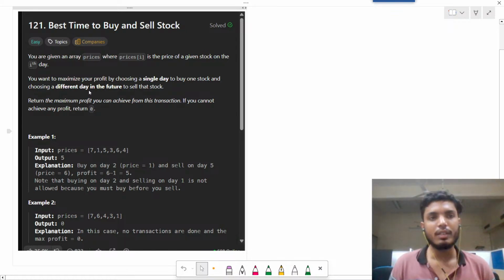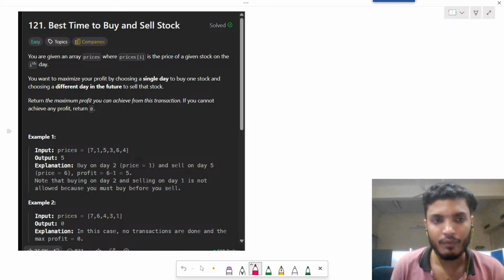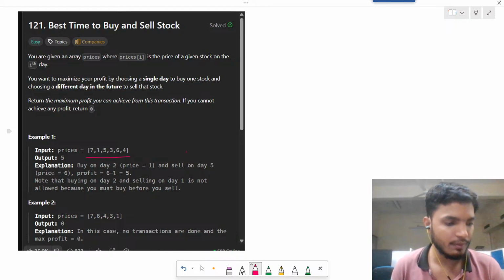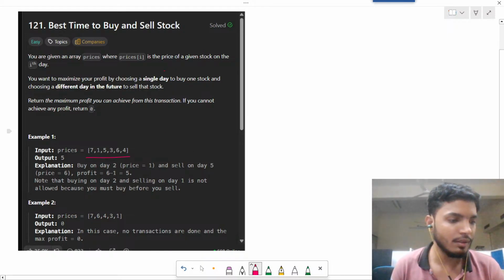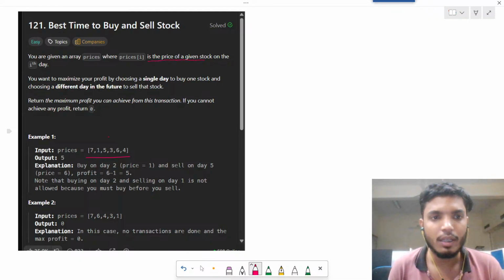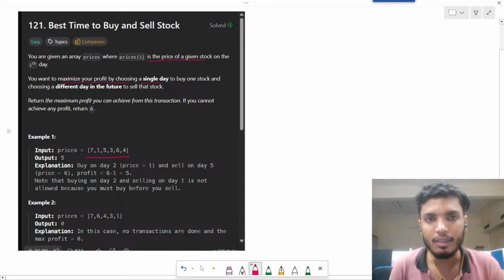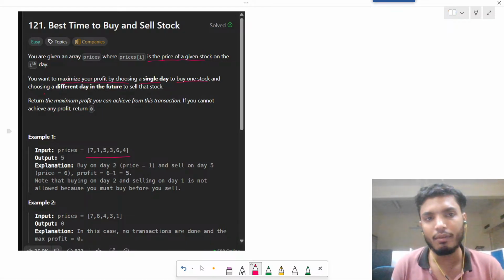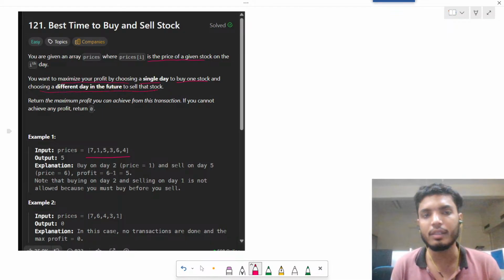So you are given an array prices, and prices[i] is the price of the stock on the ith day. You want to maximize your profit by choosing a single day to buy one stock and choosing a different day in the future to sell the stock.